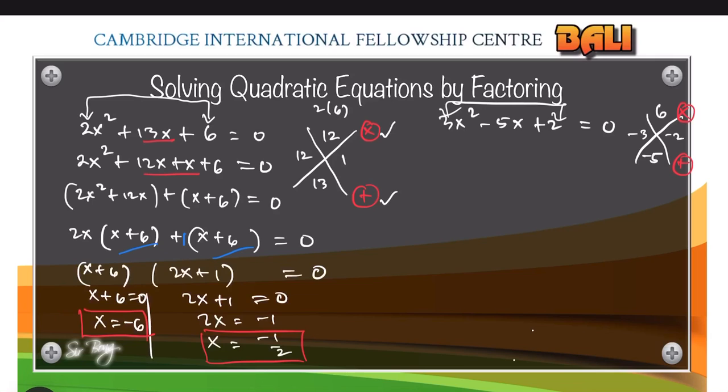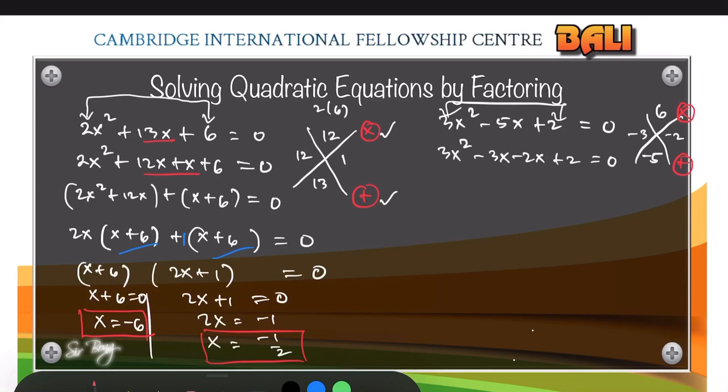Okay, then 3x squared minus 3x minus 2x plus 2 is equal to 0. So again, always check your middle term. The value of the middle term must be maintained all throughout.